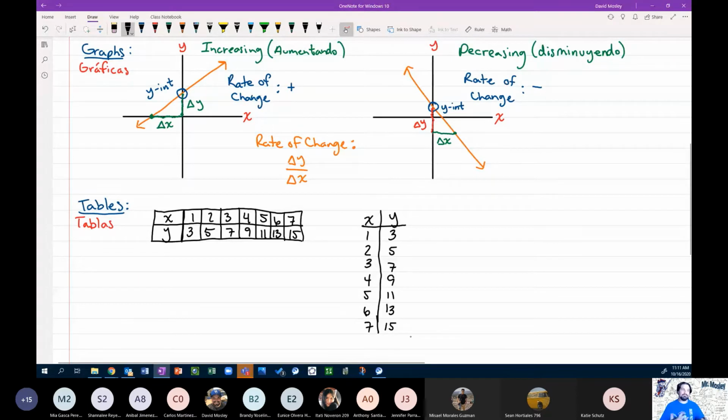Okay, they are the same. They show the same information. They're just positioned differently. So we have just the 2 different ways of writing the table. They give us the same things.